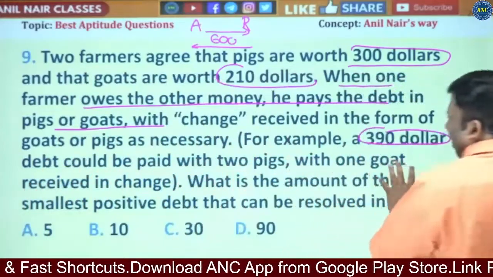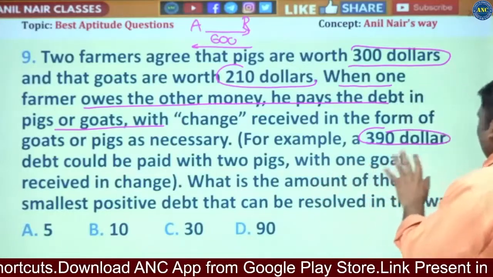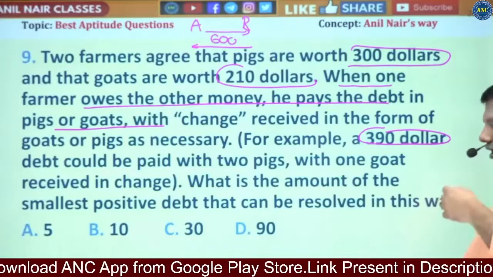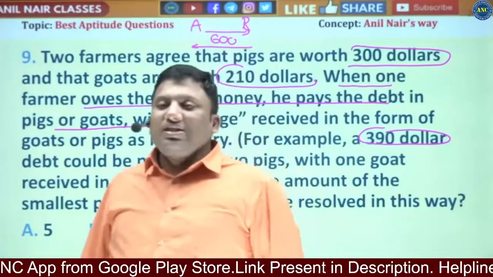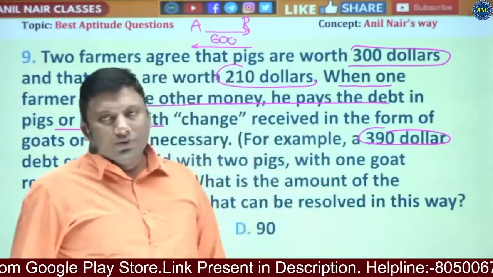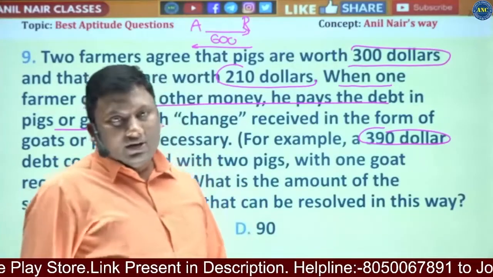What is the amount of the smallest positive debt that can be resolved in this way? Think logically. If Anil has to give Reshma 600 rupees, how many goats will he give? 300 into 2. Suppose Reshma has to owe Anil $420.